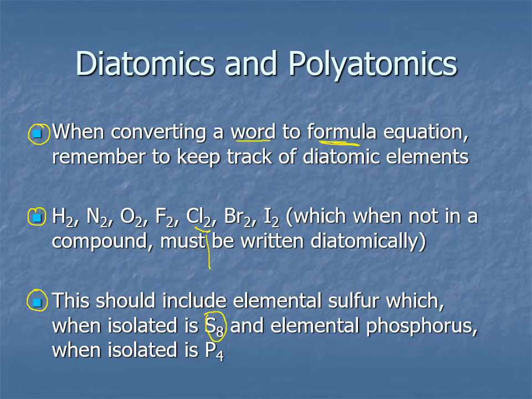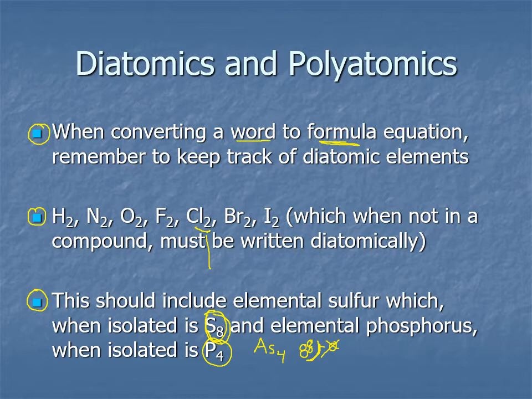So sulfur clumps together in atoms of 8 for stability. Phosphorus clumps together in 4, and I believe arsenic, the element, also clumps together as 4 atoms, which is much more stable than a single atom of arsenic, which you can't isolate.